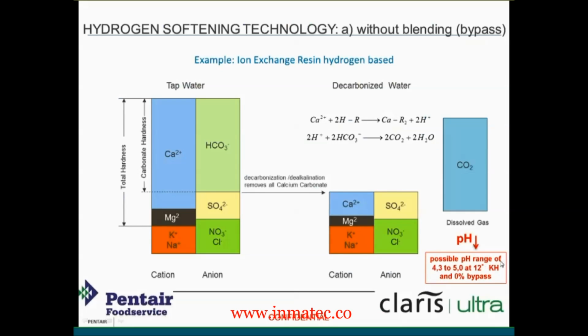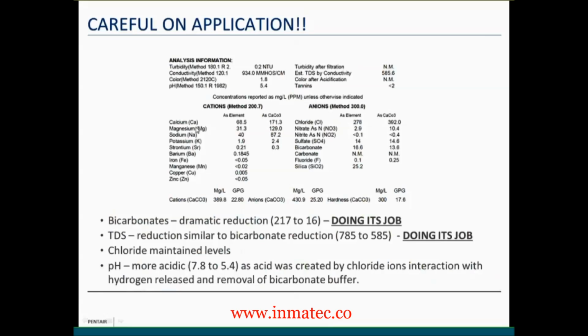What happens is you get a possible pH range of 4.3 to 5.0 at 12 degrees of hardness or 120 ppm and zero bypass. So you've now gone from water that was neutral to very acidic that's now going into your ovens or whatever application. That is going to be a corrosive situation which will damage equipment. So you have to be careful on application.